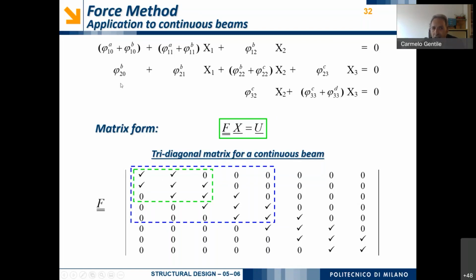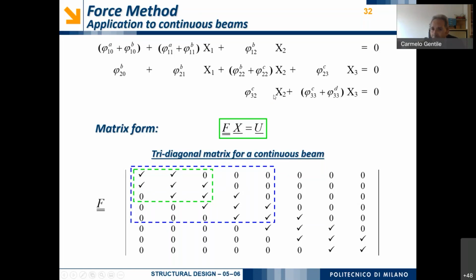In the second equation, the terms multiplying x1, x2 and x3 are all different from 0, so the first, second, and third columns.